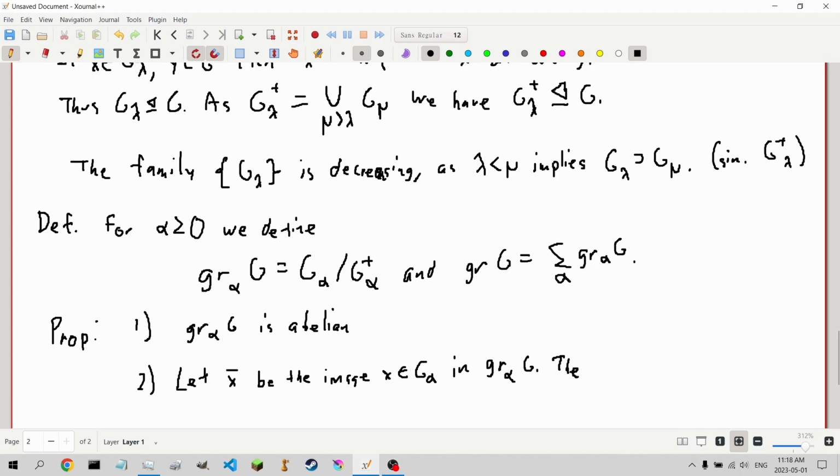The actual proposition is that the image of x to the y mod G alpha positive is equal just to the image of x in G alpha positive. That holds for any y in all of G.